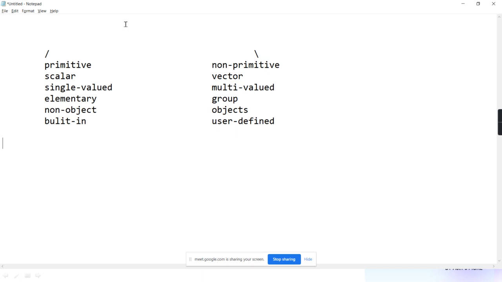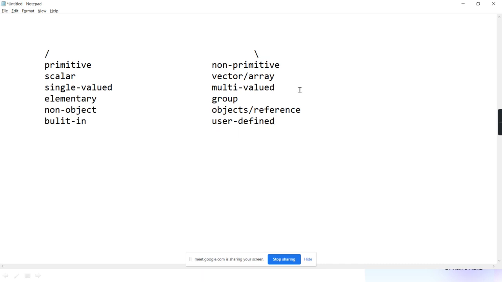In Java only two categorizations are there: primitive and non-primitive. So non-primitives are also called vector, or array, multi-valued, group type, objects, and whenever it is an object it means it is a reference according to Java, or you can call it user defined.